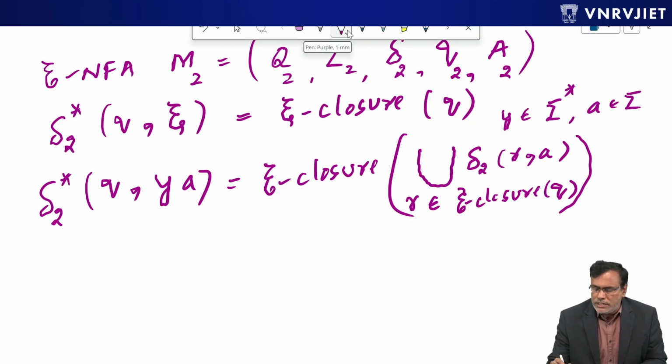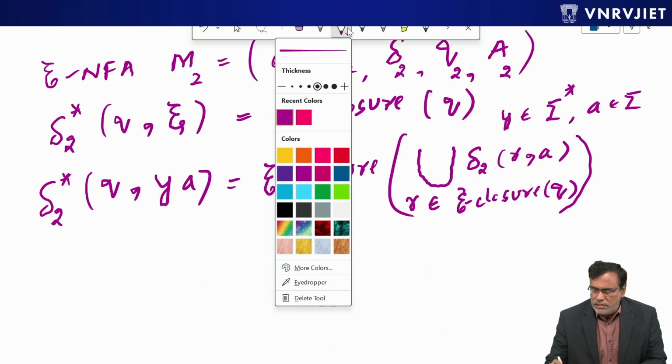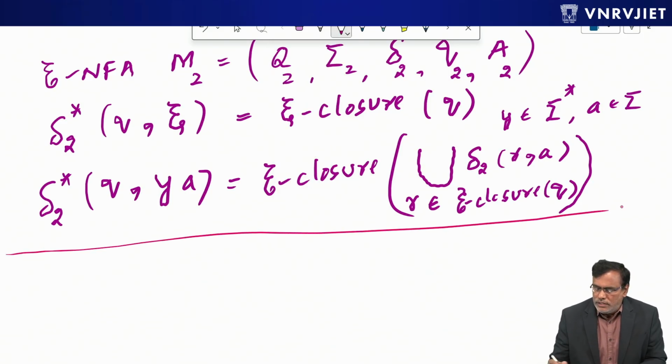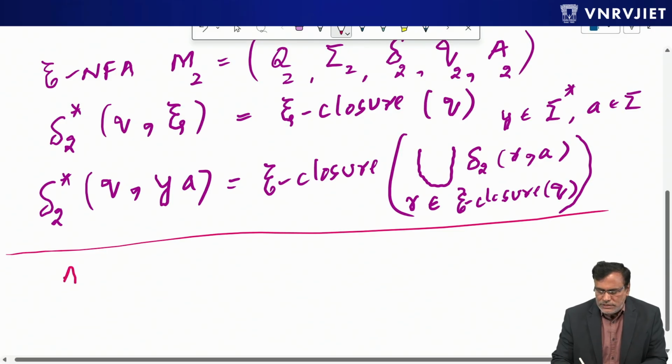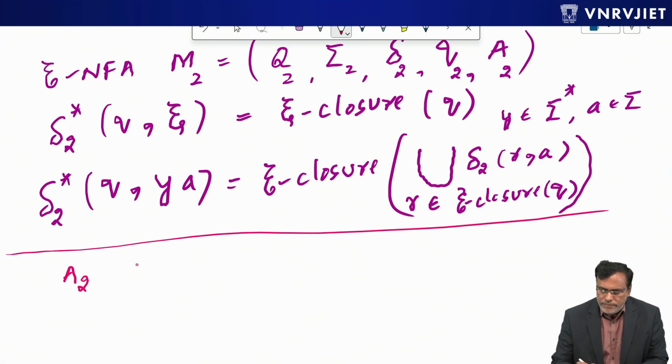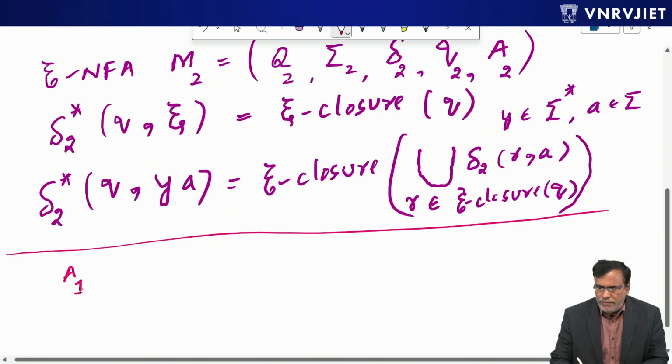One more important thing, I think you remember while I was explaining the conversion of epsilon NFA to NFA, I used this. A2 is the set of final states of this epsilon NFA, and A1 is the set of final states of NFA.